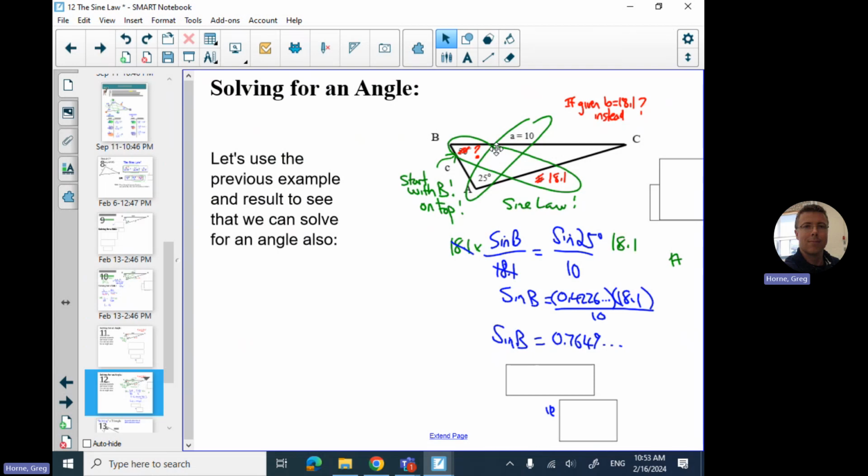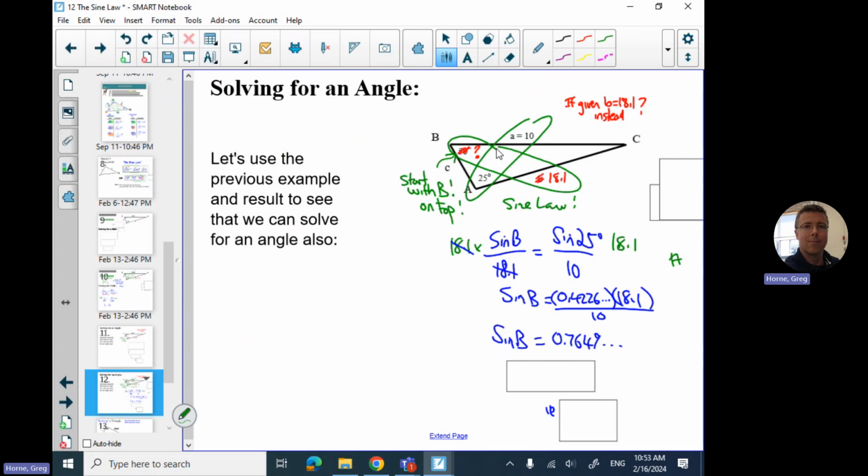Hopefully I didn't quite get it here, but 0.4226 times 18.1 divided by 10 gives us 0.764 and so on. A typo the first time I did it, I guess. So basically we have sine of B equals that.